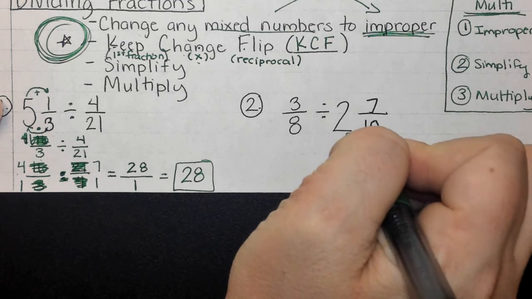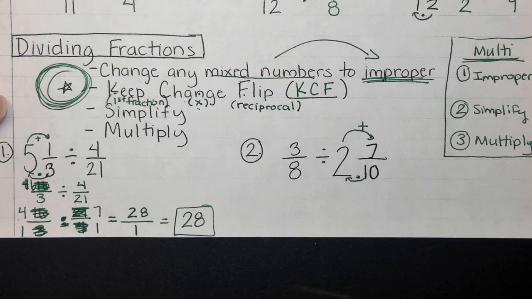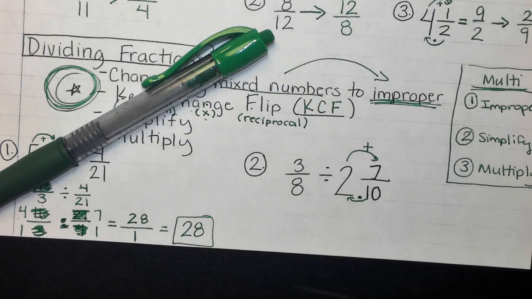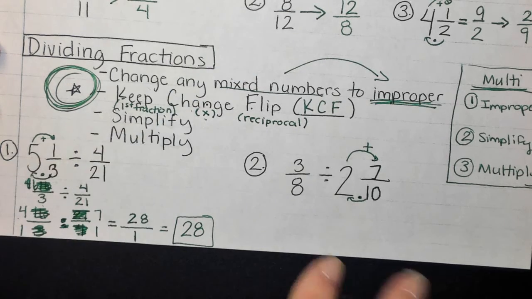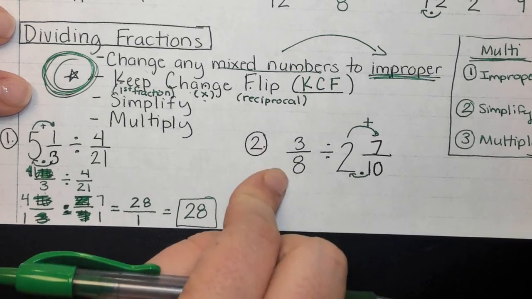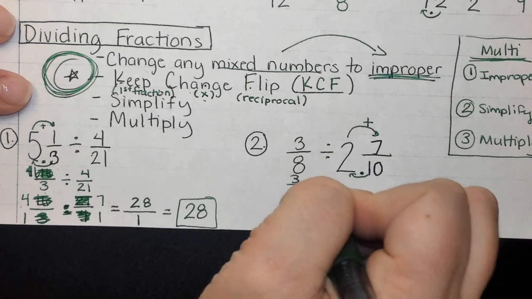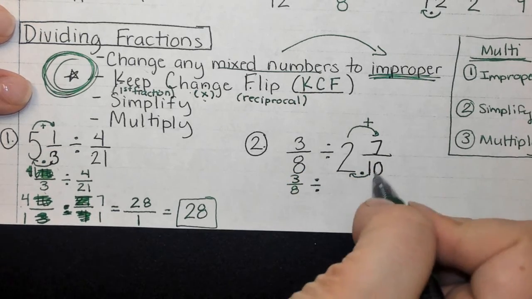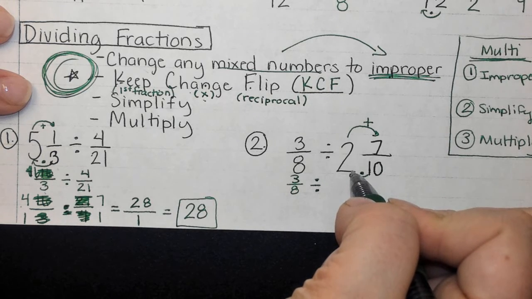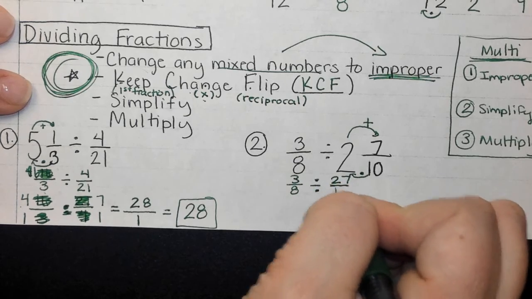So we're going to do our multiply and add. So 2 times 10 is, oh, well, let's go ahead. Am I going to change 3/8? No, so I'm just going to leave 3 over 8. We still have division because we're not ready to KCF yet. 2 times 10 is 20. 20 plus the 7 is 27 over 10.